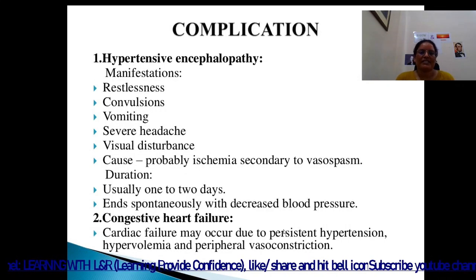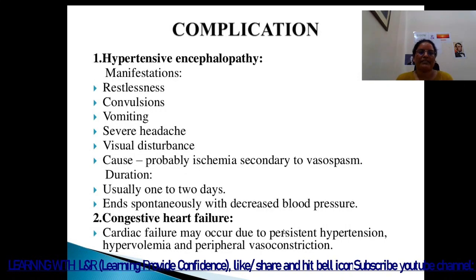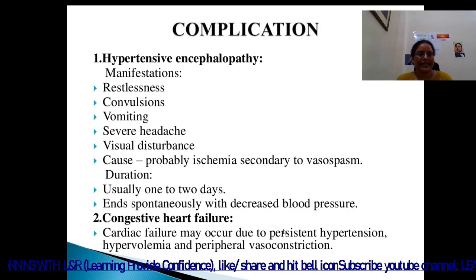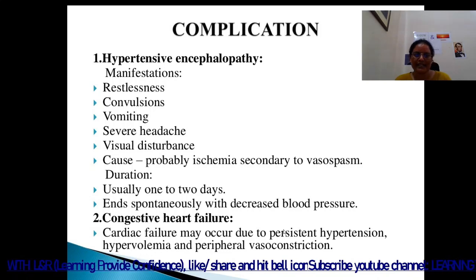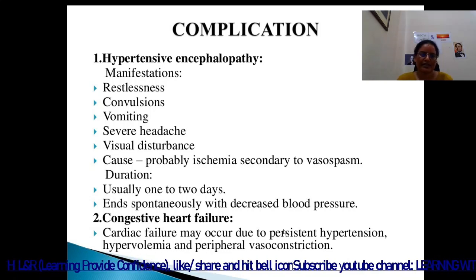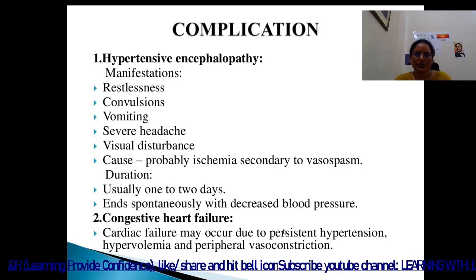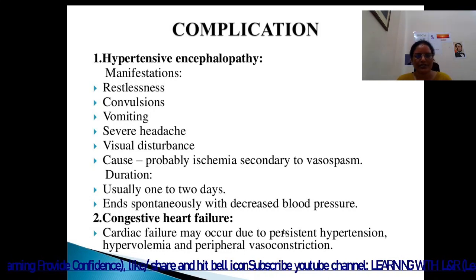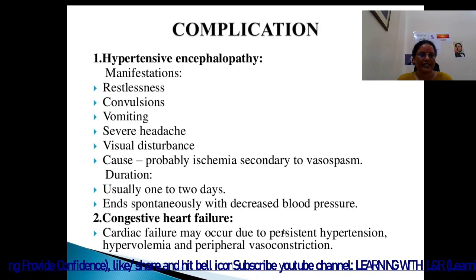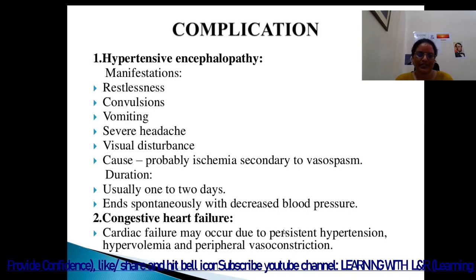Complication. Hypertensive encephalopathy manifested by restlessness, convulsions, vomiting, severe headache, visual disturbance, probably ischemia secondary to vasospasm, duration usually 1 to 2 weeks, and subsides spontaneously with decreased blood pressure.